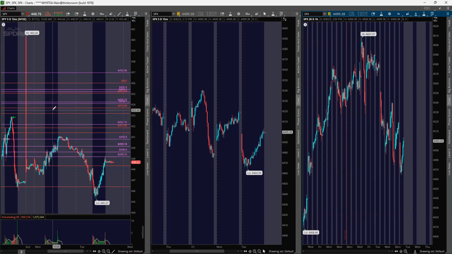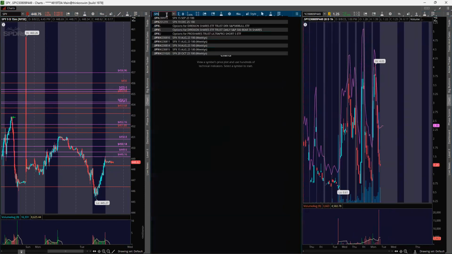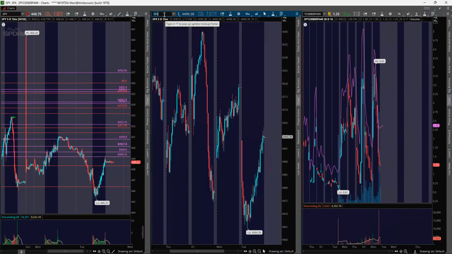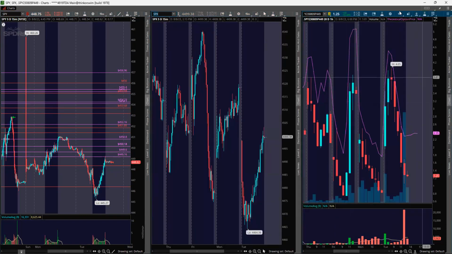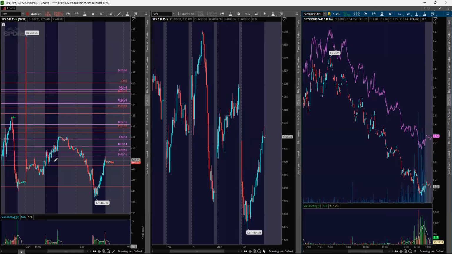In the center, I'll have SPX up. And on the far right, I will be linking into my options contracts, so that I can get a better idea of visualizing where the volume is on the contracts, where people are buying, where people are selling, etc.